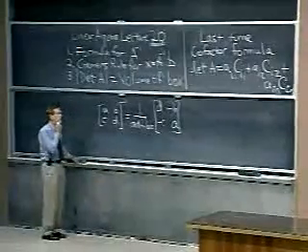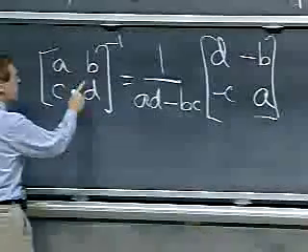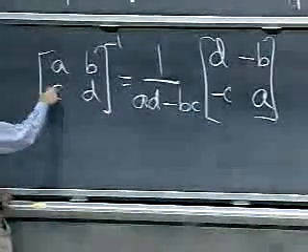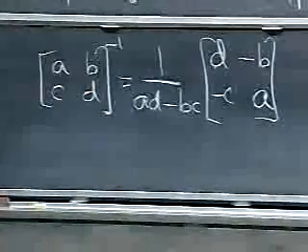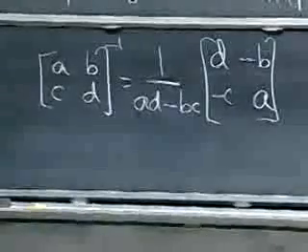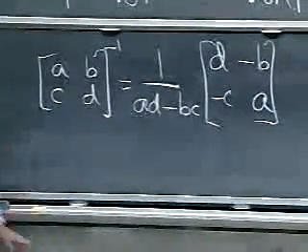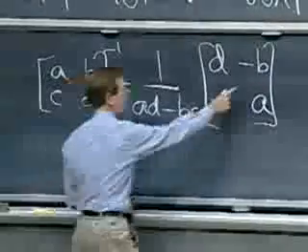Which cofactor is that one? Minus B is the cofactor of C, right? If I strike out the C, I'm left with a B there, and why the minus sign? Because this C was in a 2, 1 position, and 2 plus 1 is odd. So a minus went into the cofactor, and that's it.